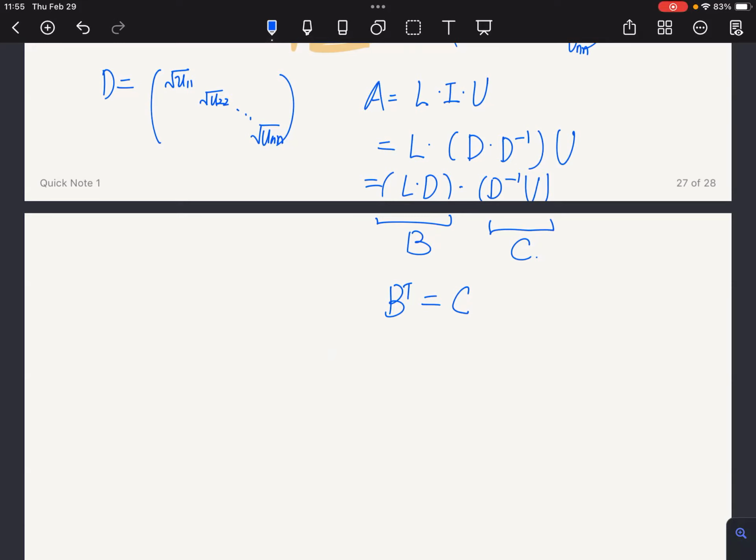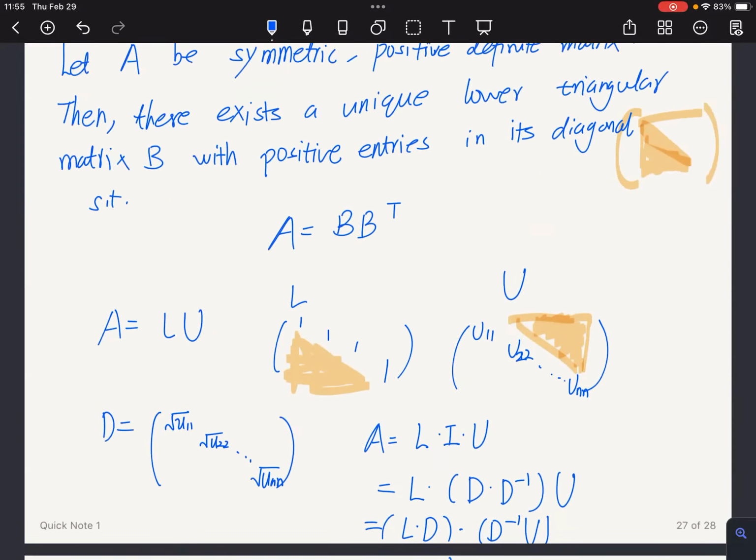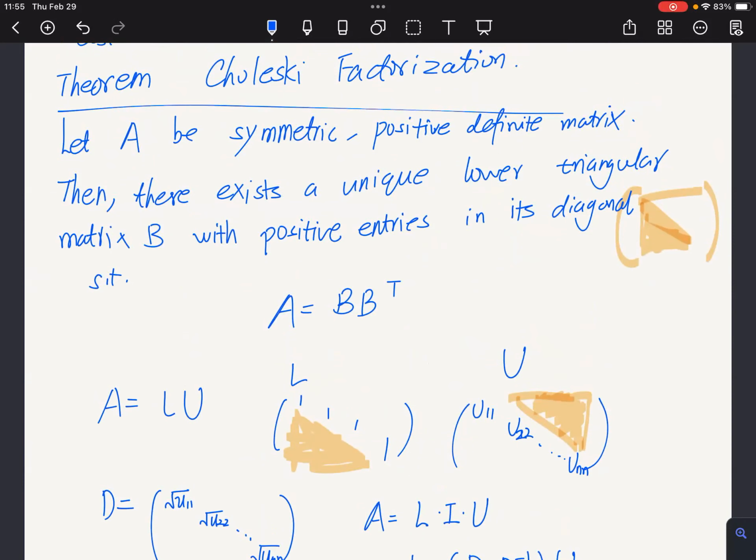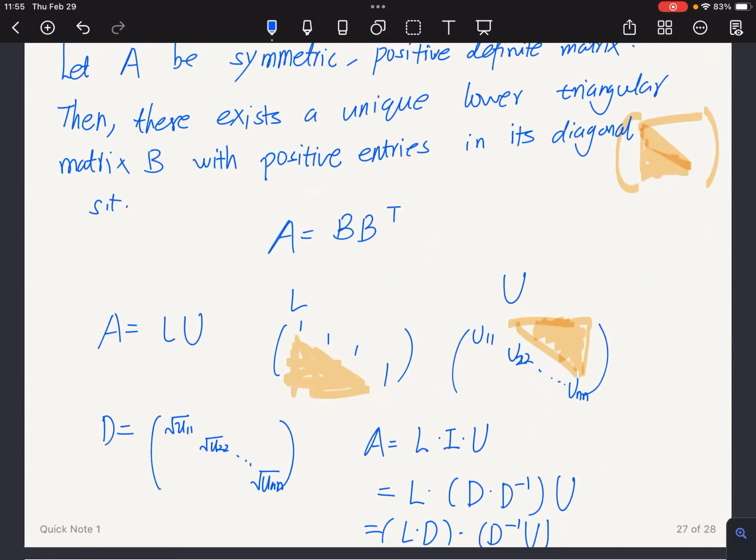But actually, this is not how we calculate the B and then the B transpose. The good news is that because of the B and the B transpose, we just need to calculate the entries in the B, right? So that's how we get 1/2 of the computational cost, because we just need to compute all the elements below here.